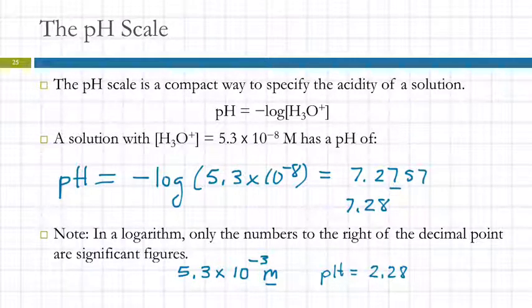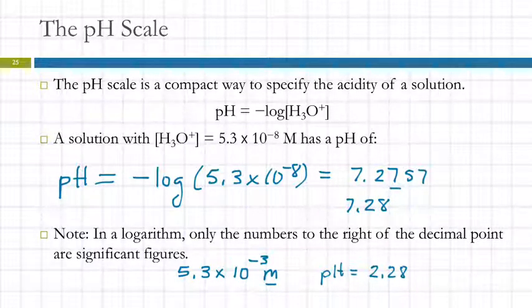Pure water, or you can have other stuff in there and it can still be neutral. So this would be very, very slightly acidic. And anything above 7 is basic, anything below 7 is acidic. Did I get that right? Yeah.